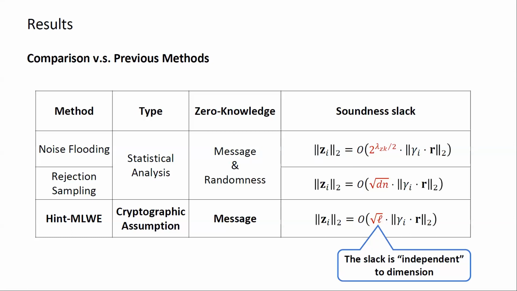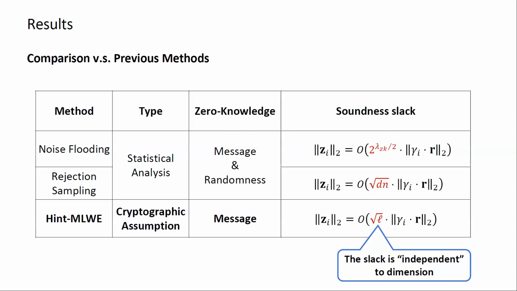And they all targeted zero knowledge for both message and randomness. On the other hand, our method uses a cryptographic hardness assumption called hint MLWE, which even has a reduction from the standard MLWE. And when we compare the soundness slack, you can check that the soundness slack is much smaller than previous results.